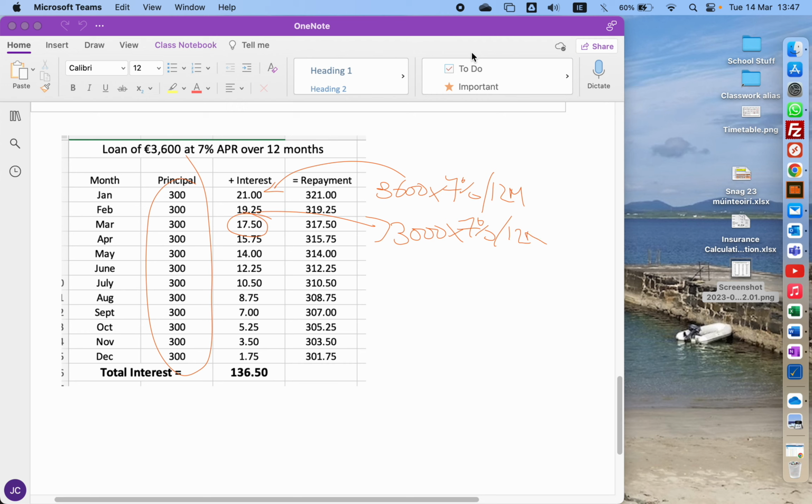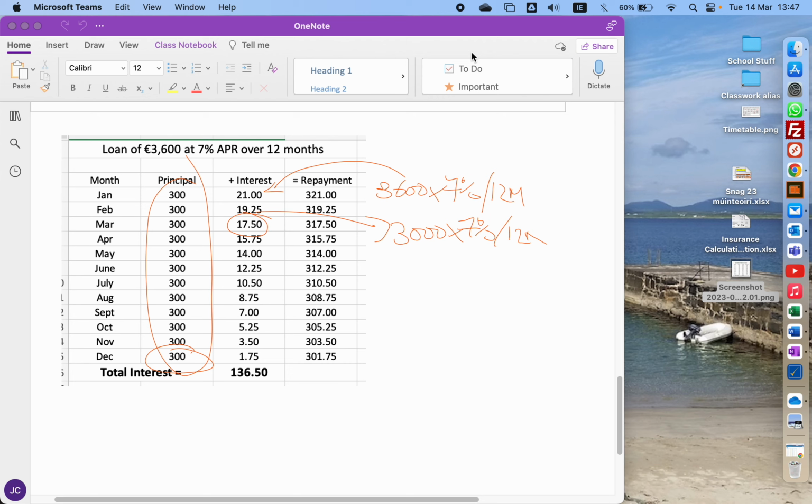When I come to the very last month, I make my final repayment of 300. When I get to that month, I'll have paid off 3,300. I've paid off 11 payments of 300 each on the 3,600 of the principal, so I only owe 300 left of the original amount of money I borrowed.